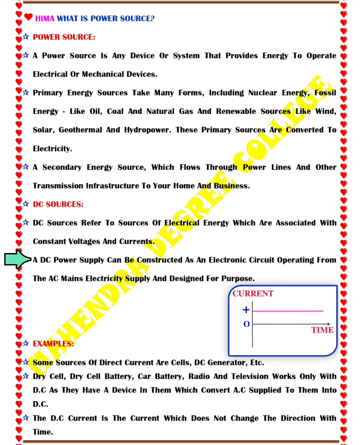The input power comes from the standard alternating current electricity from wall outlets, usually 110 volts or 220 volts. The circuit is designed to take this AC power and convert it into usable DC power.